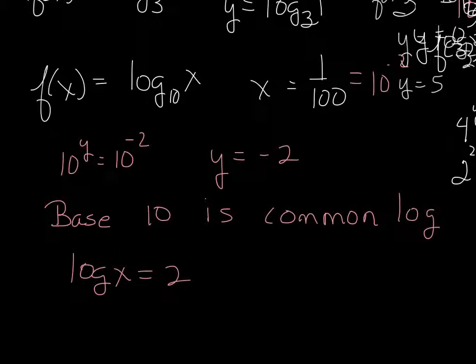So if you saw the log of x equals 2, you could figure out what x is by rewriting this as an exponential function. The base is 10, so 10 squared equals x. So what would x be in this case? 100. 100. On your calculator, the log function is base 10.